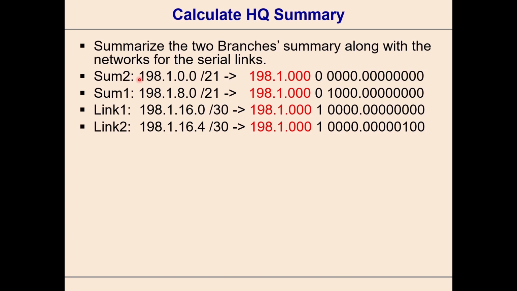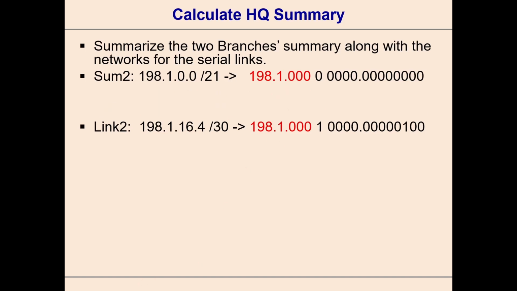Actually, we only need to compare the lowest network, 198.1.0.0, and the highest network, 198.1.16.4. The networks between them will be covered automatically. So let's simplify.